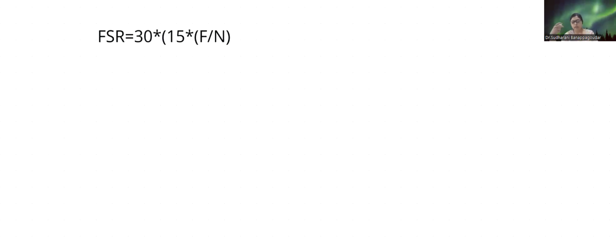We have to have full-time teachers in both semesters, and the expected ratio to score more marks in this particular criteria would be 1:15, with which we can get maximum marks. And for F upon N, the ratio should not exceed 1:50 because the FSR is set to 0.